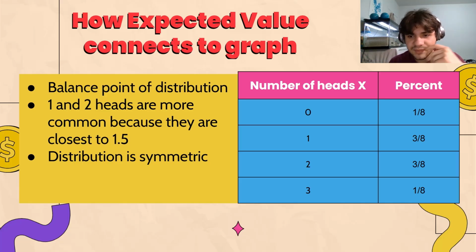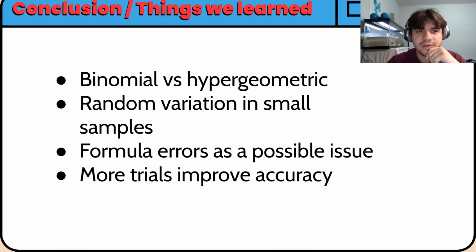This relates to the symmetry I was talking about, an important feature of the binomial distribution when the probability is 1 over 2. For the conclusion and things we learned, the experiment is best modeled by the binomial distribution, because coin flips are independent and the probability of heads stays the same each time.